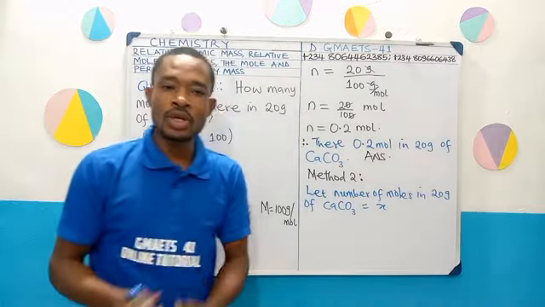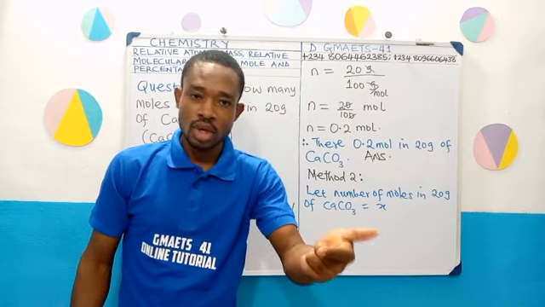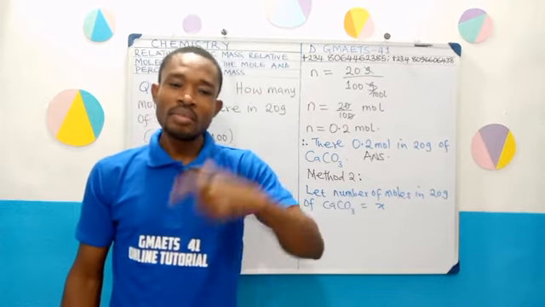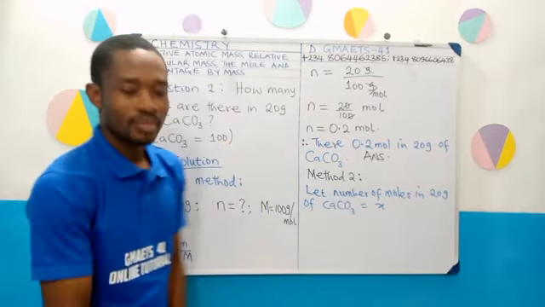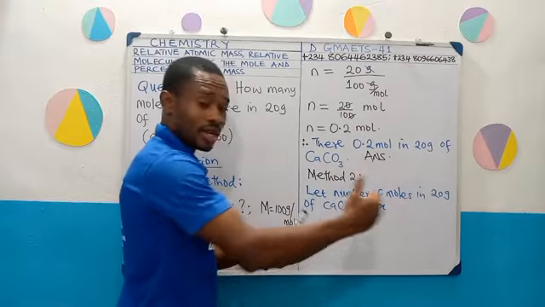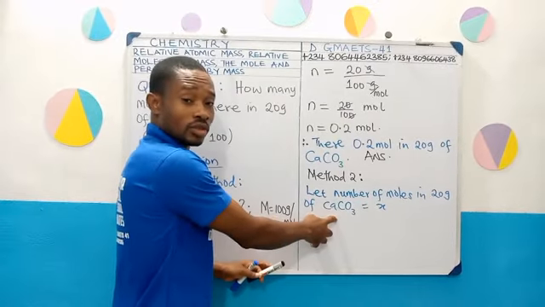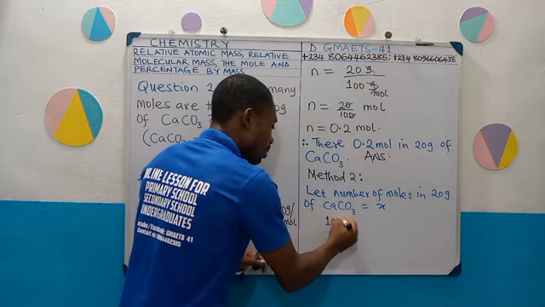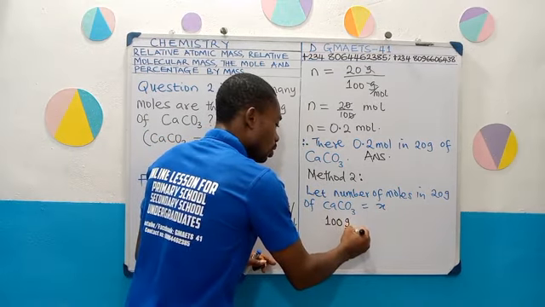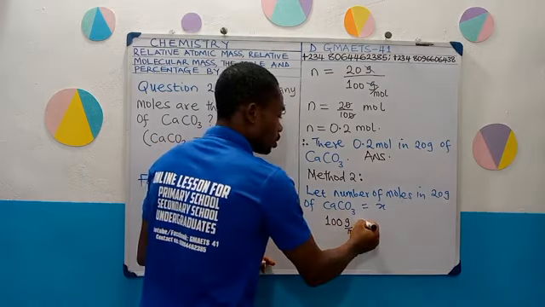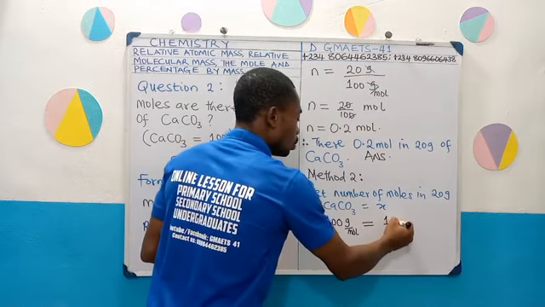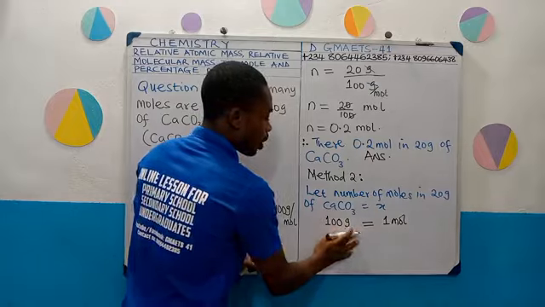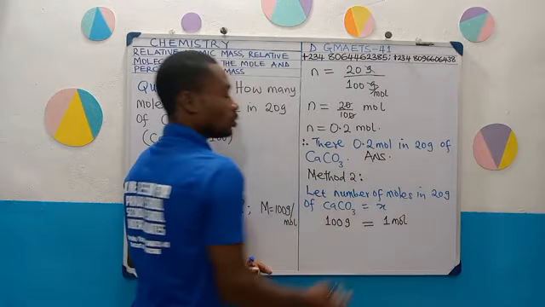But by standard, we know that every 1 mole will contain the molar mass of that substance. So I will come and then I'll write out the standard. The molar mass of calcium trioxocarbonate IV is 100. So I'll say, but I know that 100 grams per mole of calcium trioxocarbonate IV is equal to 1 mole, or simply 100 grams is equal to 1 mole.